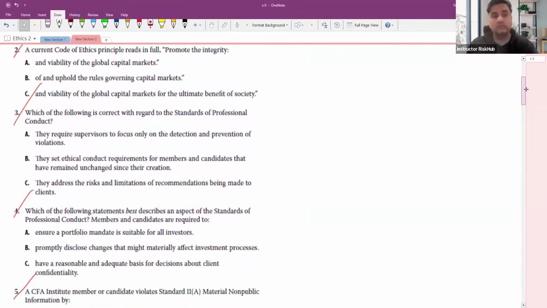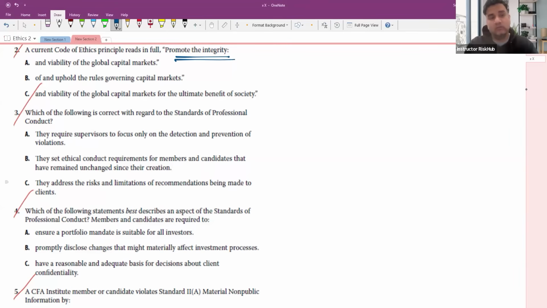Very, very simple. A current Code of Ethics principle reads in full, promote the integrity, right? And what is ahead, right? Now, this is tricky because if you are talking about promoting the integrity, how do you get it ahead, right?